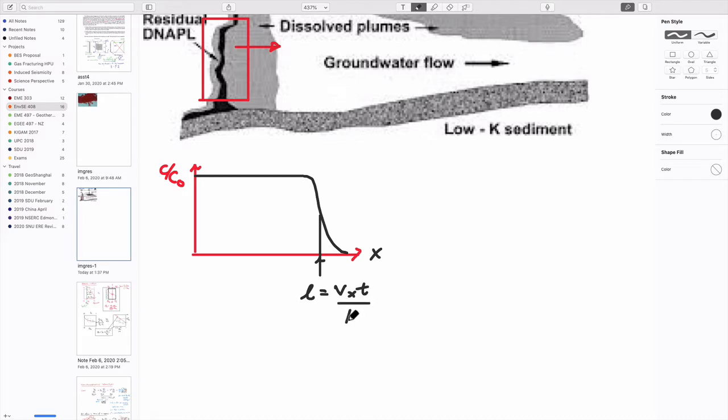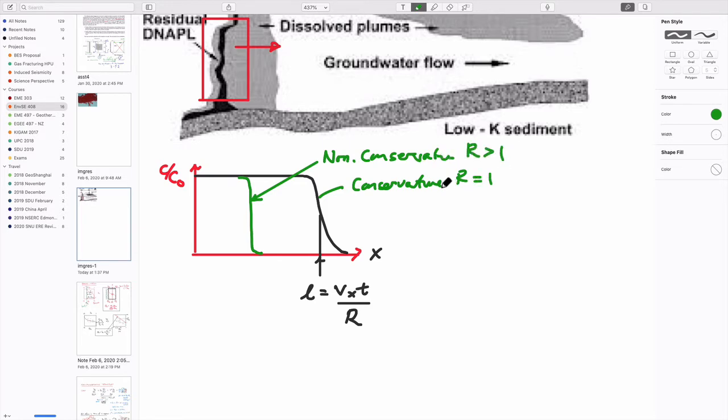If we divide through by what we've referred to as a retardation factor, then we get these two very different behaviors. Conservative is when R is equal to 1 only, and non-conservative is when R is by definition greater than 1, so sorption occurs.